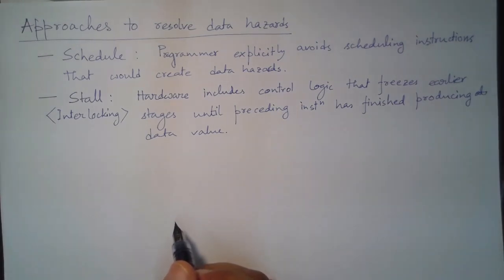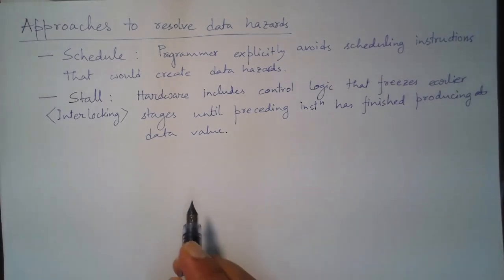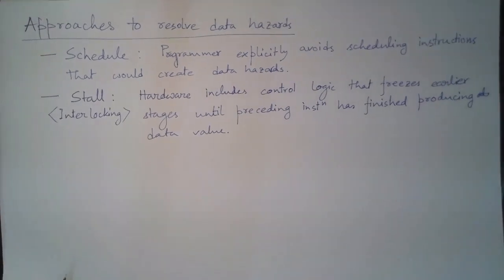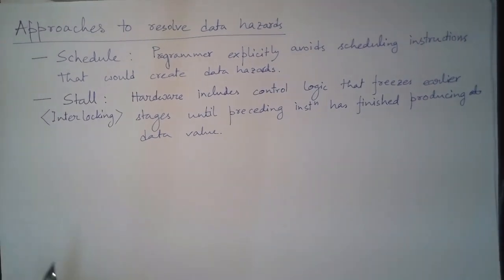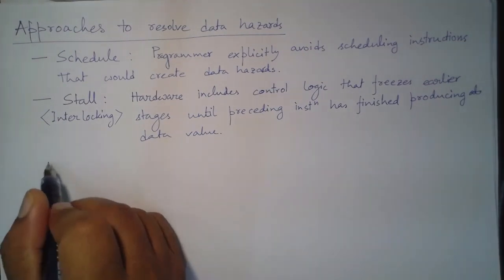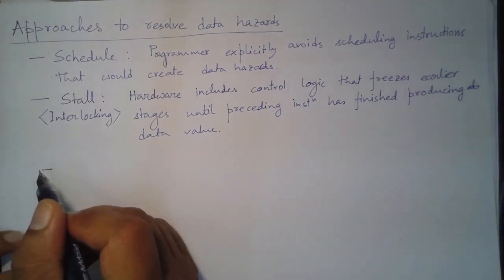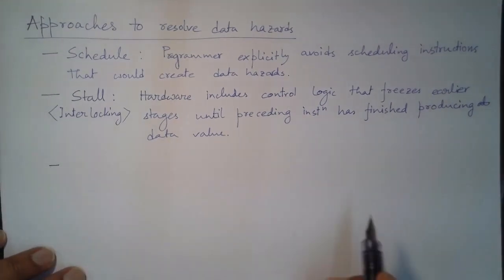So this is called stall, and using this stall logic we can make sure that the data which we are looking for is available before the instructions are executed. We will talk about it in more detail in our subsequent discussion. The other approach to address this data hazard is called bypass.